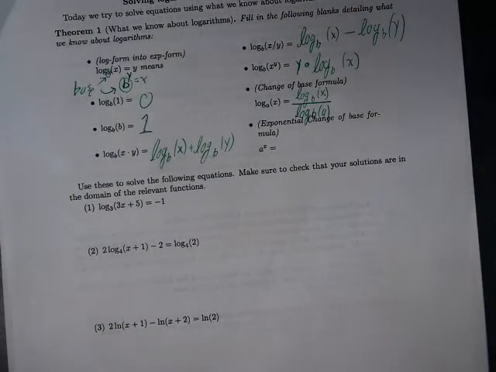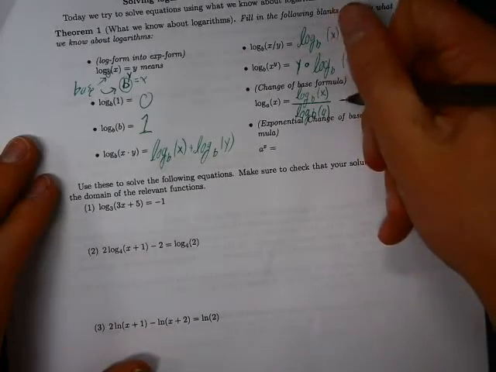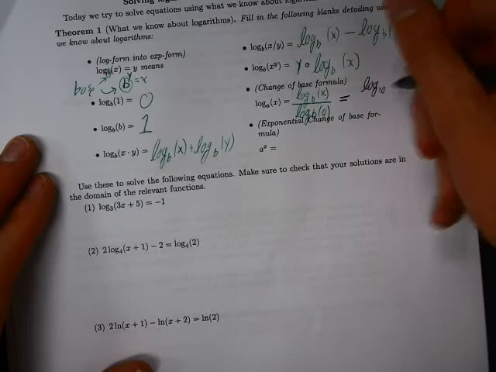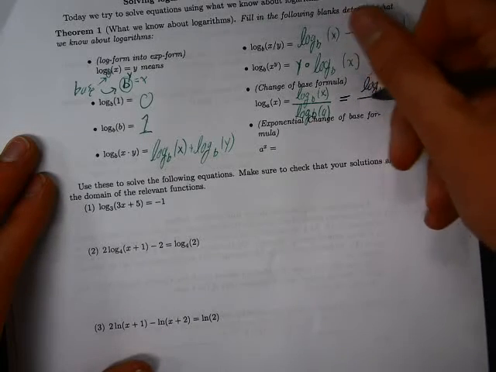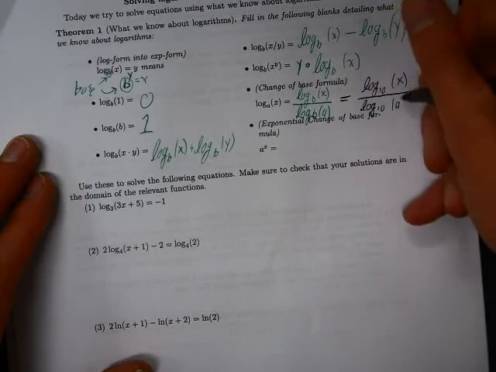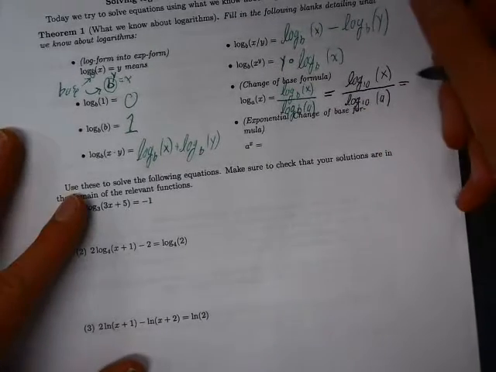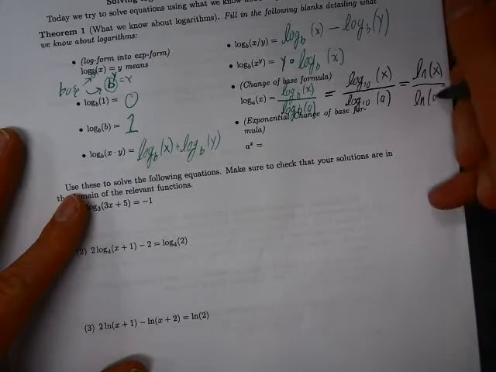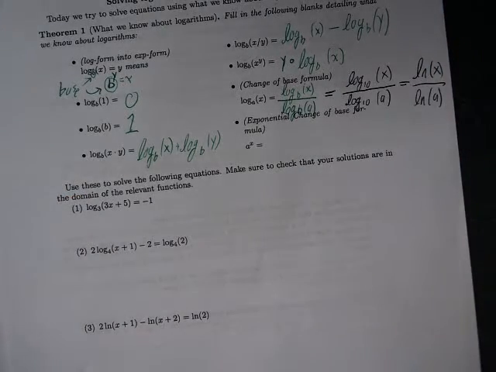So one application is if your calculator, say, only knows how to work in base 10, then you can rewrite any logarithm as the log base 10 of x divided by the log base 10 of a. Or if your calculator only has an ln button, that means you can do any logarithm you want by just doing that.